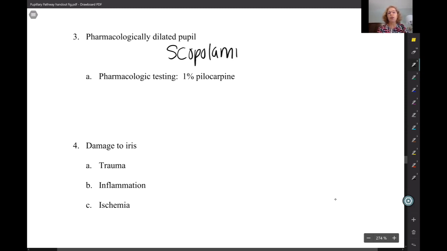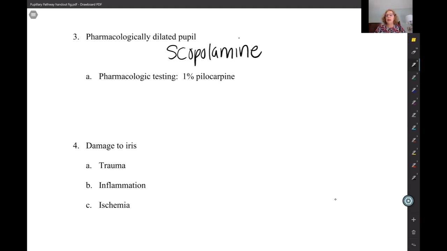This is used to prevent motion sickness and will cause a dilated, non-reactive pupil. A pharmacologically dilated pupil is more common with certain professions who handle chemicals, such as nurses, pharmacists, or farmers.